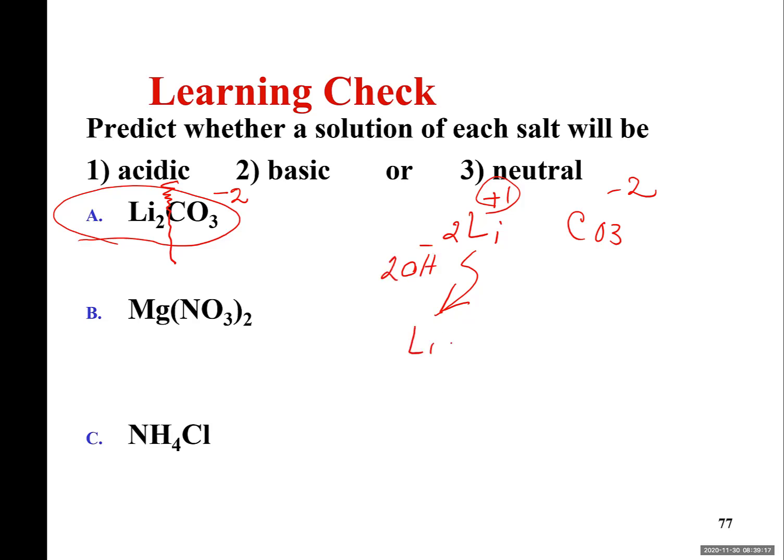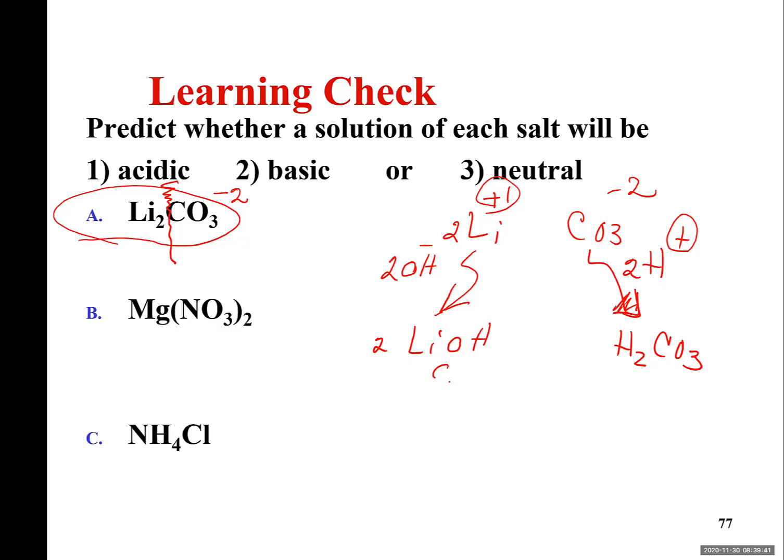So you get lithium hydroxide, 2 lithium hydroxide. And this is negative charge. To the negative charge, I have to have the opposite charge, which is H+. It has got 2 negative charges. So I add 2 H+ to have a neutral structure. That's carbonic acid.